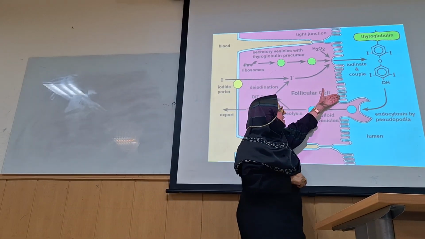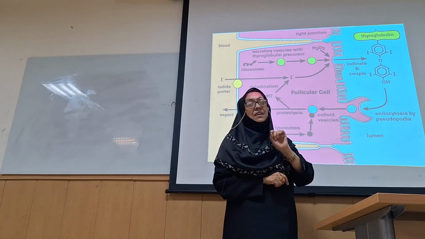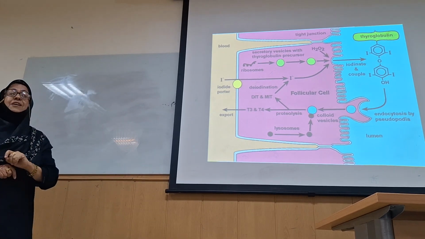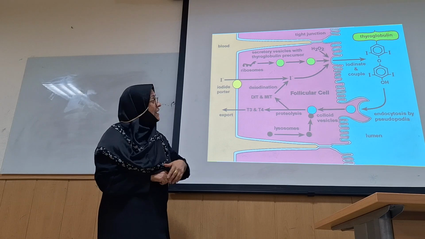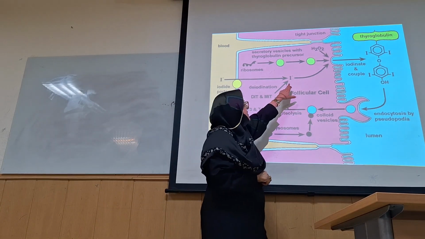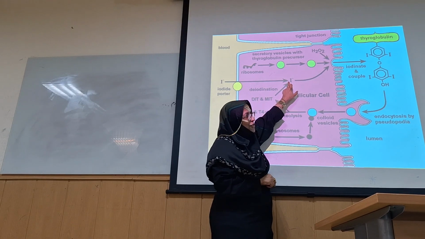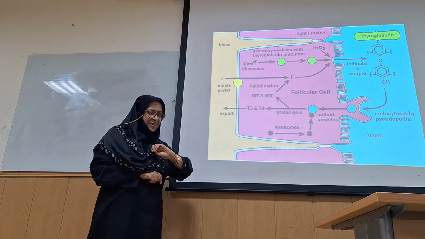In the cell membrane near to the lumen, there is important enzyme. This enzyme is tyrosine peroxidase. Tyrosine peroxidase convert negative iod to neutralize iod ion.